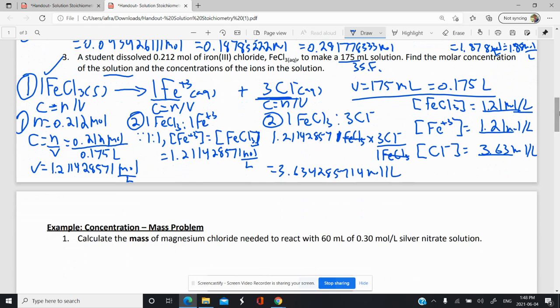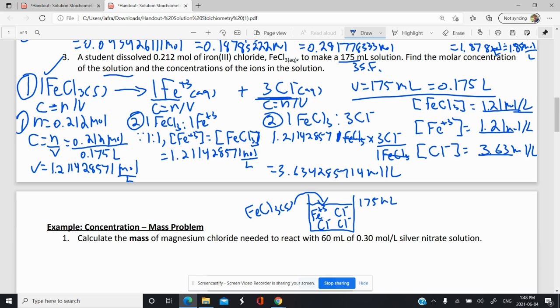So basically, it kind of looks like this. If you had your beaker, we have 175 mL here. You would throw in some solid FeCl3, and basically you'd have an Fe3+ here, and then you'd have 3 Cl- swimming around. Now, it wouldn't be exactly 3 and 1 because there's more than that, but it's in that ratio.